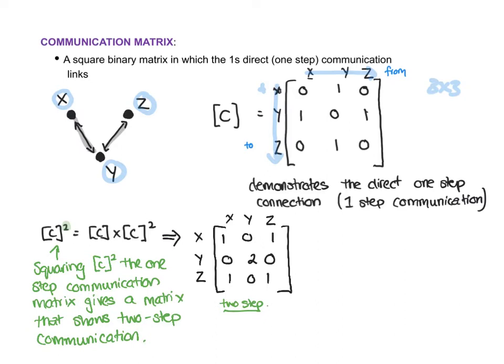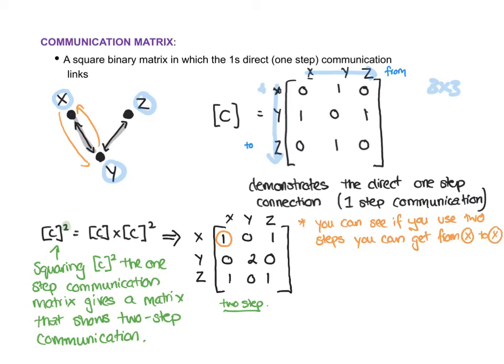We need to know how to explain what this matrix is. This number 1 shows that there is one 2-step communication link that gets you from X to X. If I go 1 step, 2 step, there's the one option of a 2-step communication from X back to X. Then this 2 is telling us there are 2 options to take 2 steps to get from Y to Y. One option is to go 1, 2.